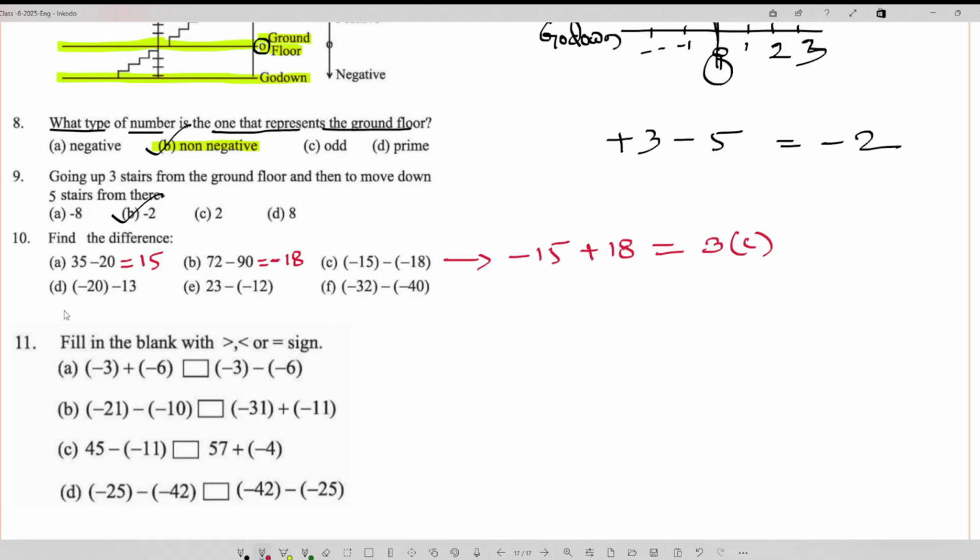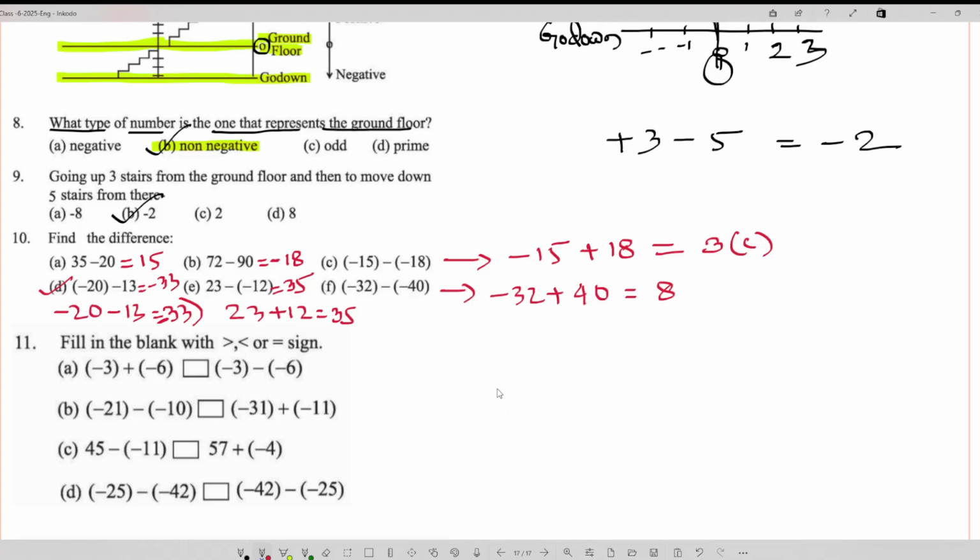Number D: minus 20 and then minus 13 will be 33, but with minus, so minus 33. Then 23 and minus and minus 12, minus minus means plus 12, so the result is 35. Look, minus 32 and minus minus 40 means plus 40, the answer is 8. I hope you cleared this one.